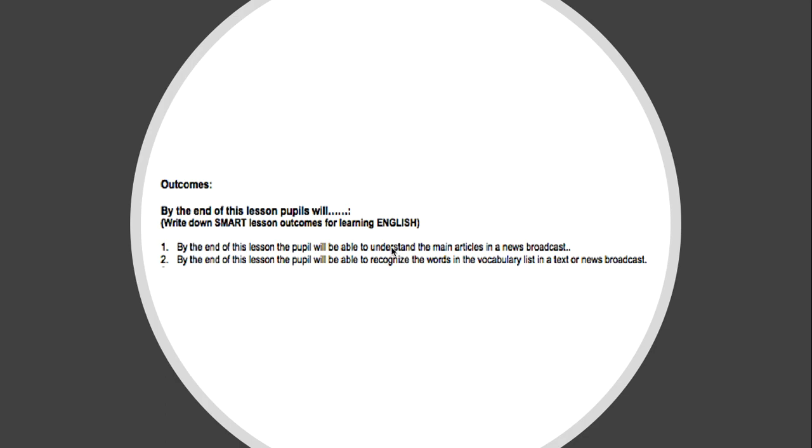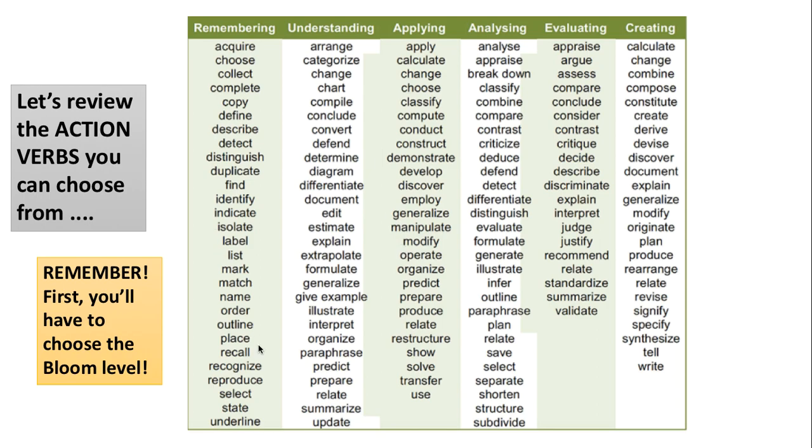What do we actually want the students to demonstrate or do? And how can we measure that? We want them to, let's say, instead of understand, something like summarize, perhaps tell or write, right? Explain. And so here, explain.